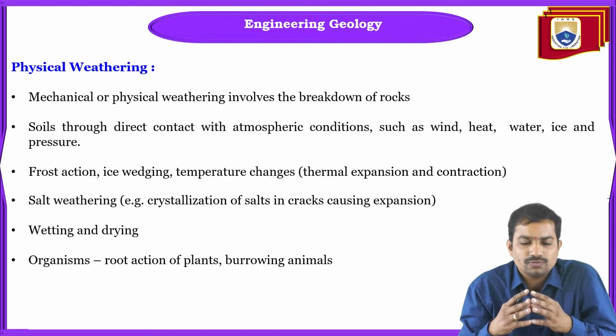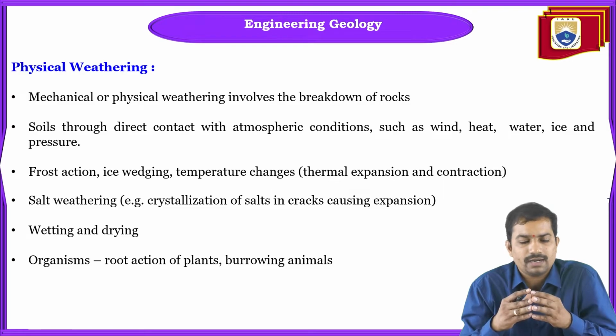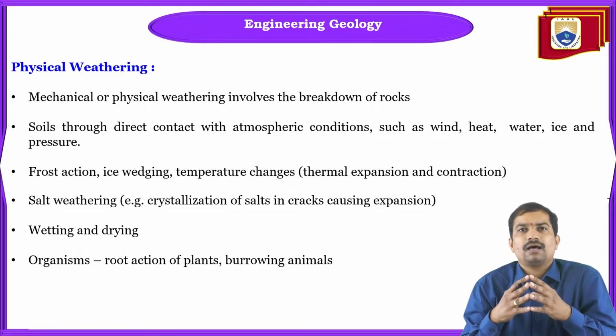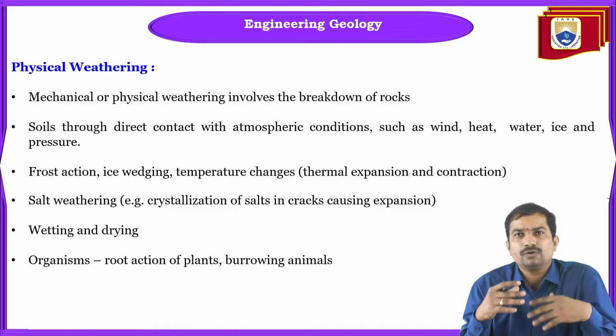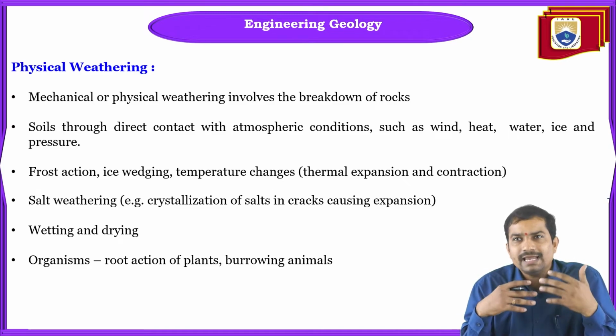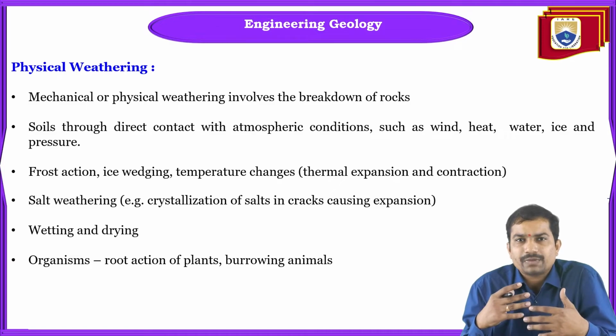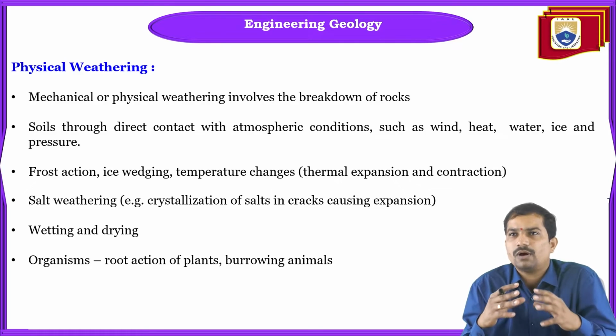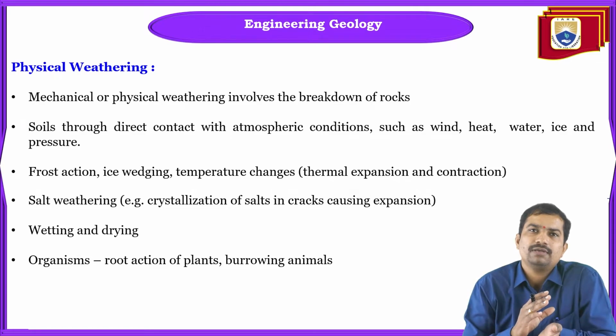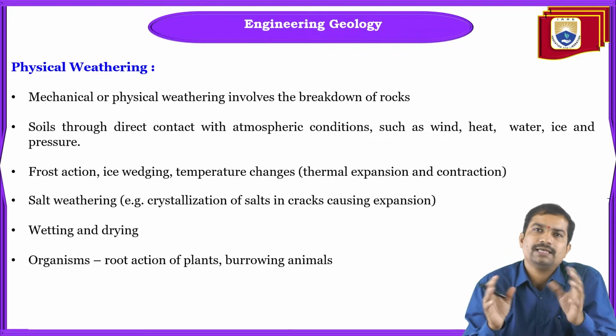The rocks in direct contact with atmospheric conditions such as heat, water, rain, ice, and pressure experience continuous changes in the atmosphere, due to various agencies like wind, heat, water, and ice, so they change their behavior.